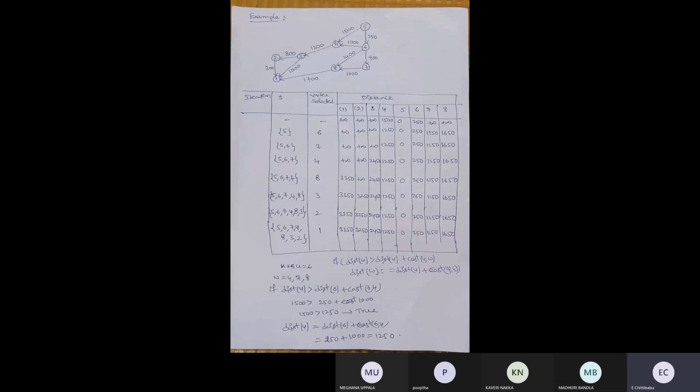So distance of 4 equal to distance of 6 plus cost of 6 comma 4, equal to 250 plus 1000 equal to 1250. So distance of 4 equal to 1250.